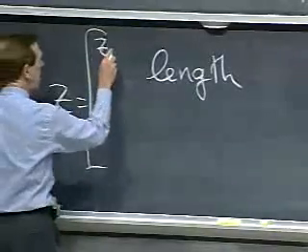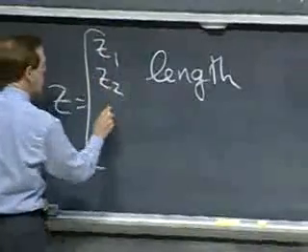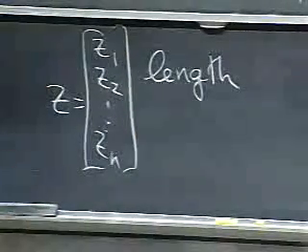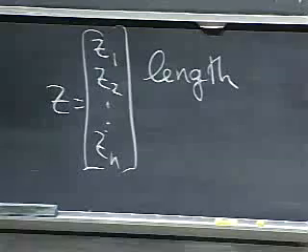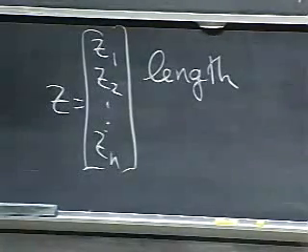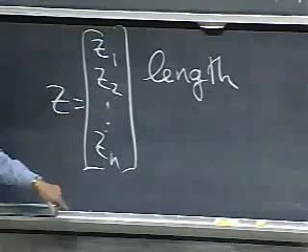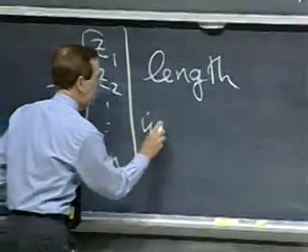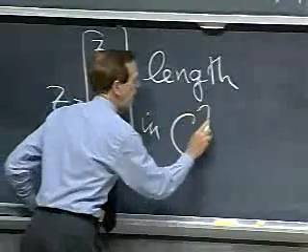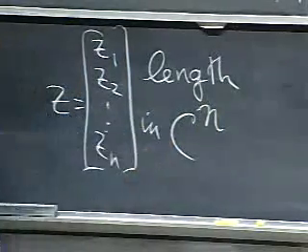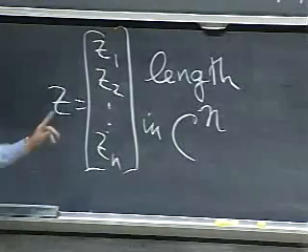But it's a vector z1, z2, down to zn. So the only novelty is it's not in Rn anymore. It's in complex n-dimensional space. Each of those numbers is a complex number. So this z is in Cn, n-dimensional complex space instead of Rn. It's just a different letter there.